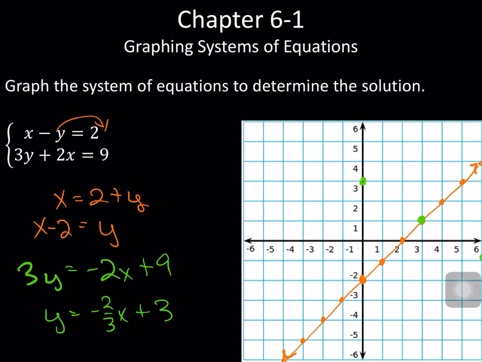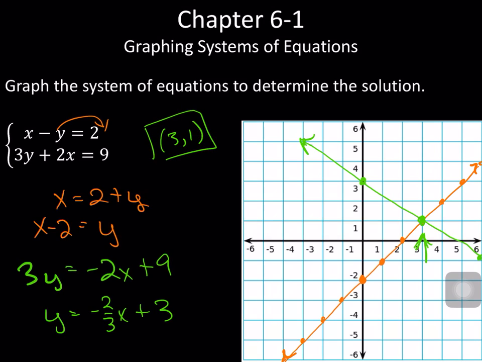And interestingly enough, that first point that we got to lay down actually is going to end up being our solution. Okay, so this is a consistent, independent system with x is 3, y is 1 as our solution, because that's where the two lines intersect.